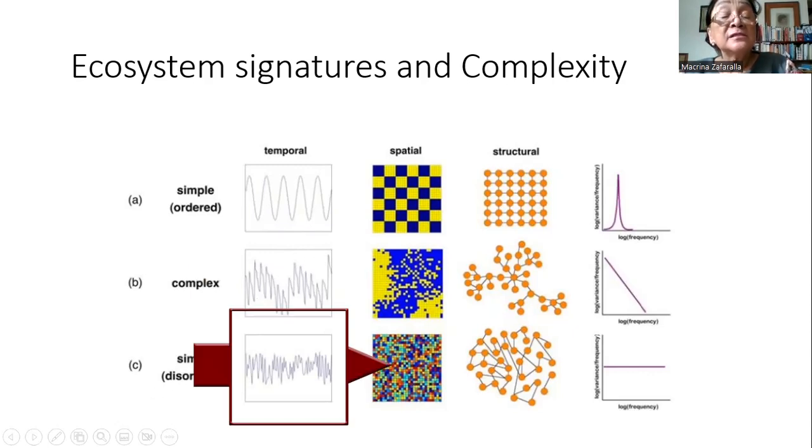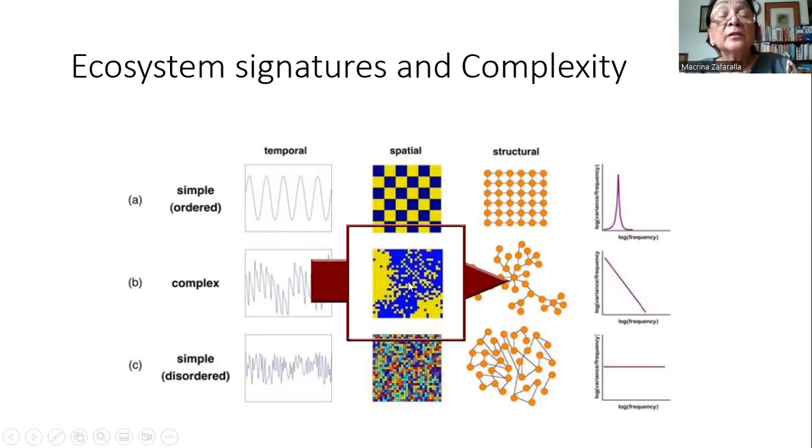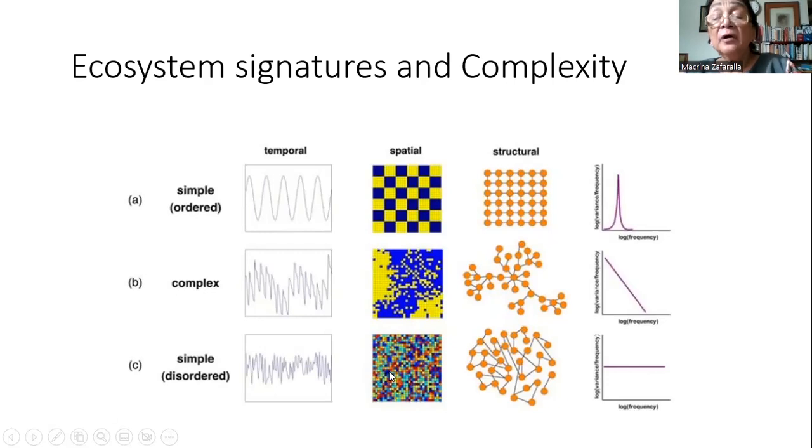And when it is a simple disordered one, then you have this. The signature at the spatial level is shown to be like so in the simple ordered, like so in the complex, and like so in the simple disordered. In the simple disordered, you have a random distribution of the nodes, and in the complex, it is a hullabaloo of distribution.